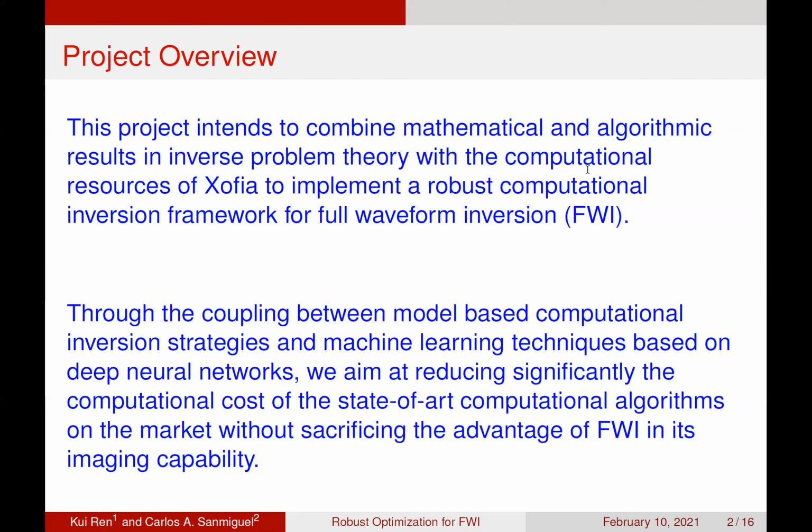The main idea is to couple wave-based imaging methods with machine learning techniques based on deep neural networks to reduce the computational complexity of the inversion process and also keep the advantage of full wave imaging in its imaging capacity. That is, we want to be able to do very fast, robust inversion without sacrificing the quality of the imaging.